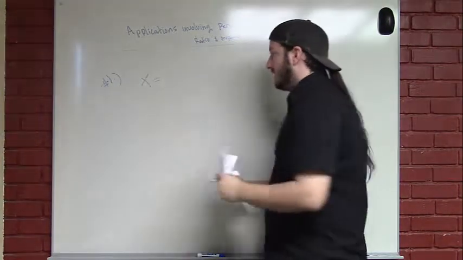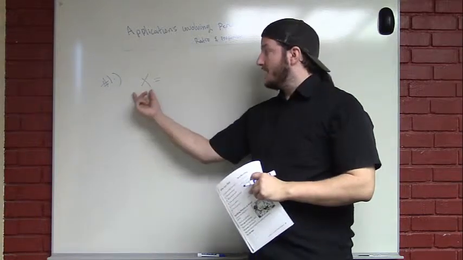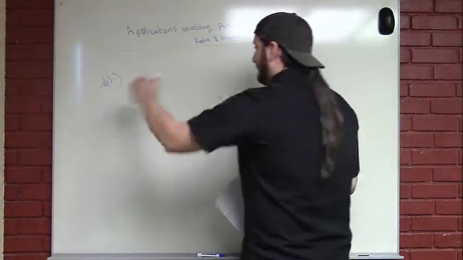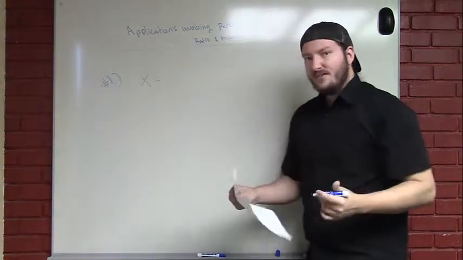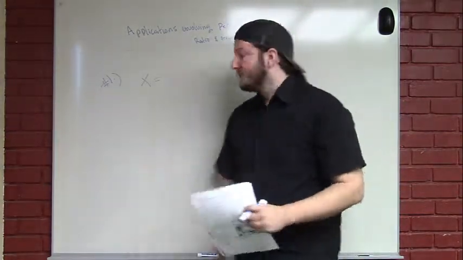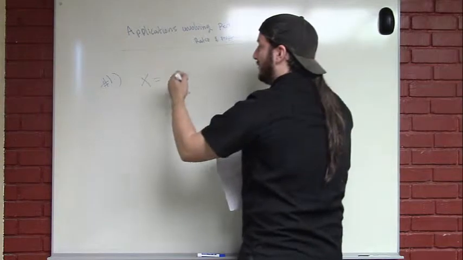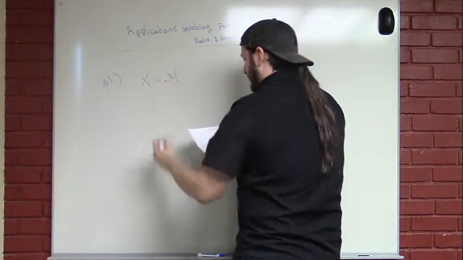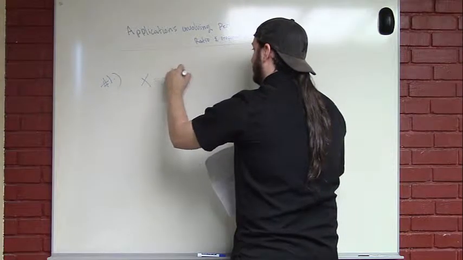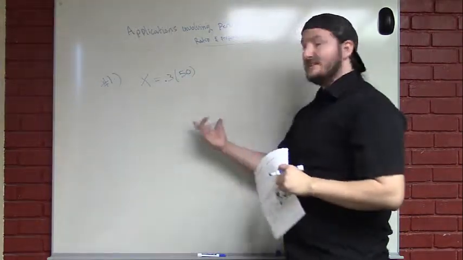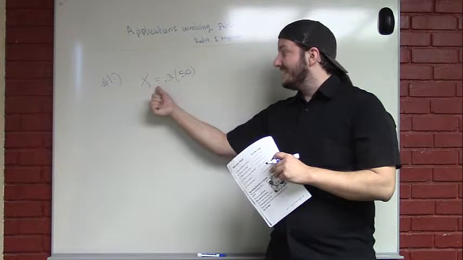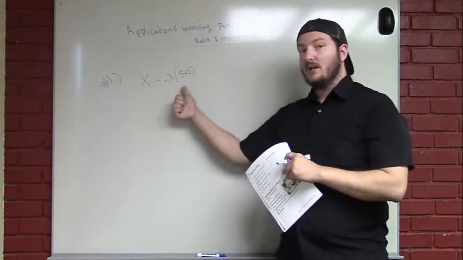Is means equal. 30% of 50? So that word of means multiplication. So it says 30%, we need to write that as a decimal. So 0.3 times 50. And that is it. What number is 30% of 50?